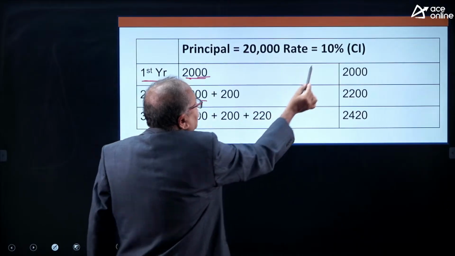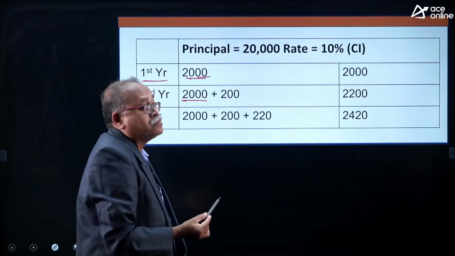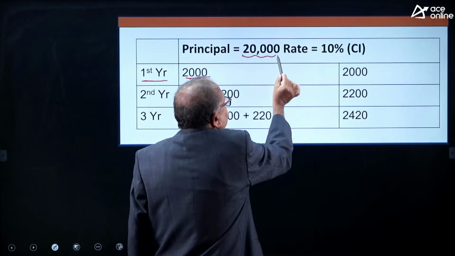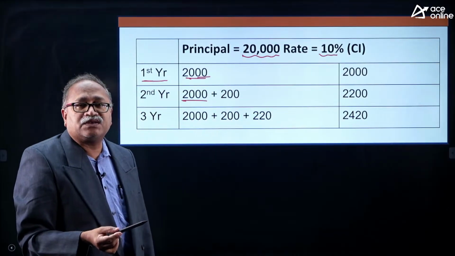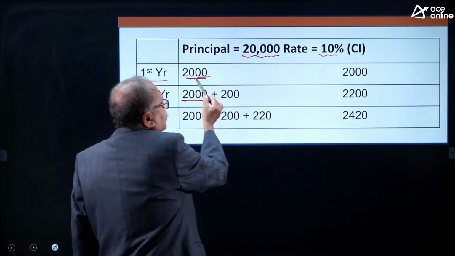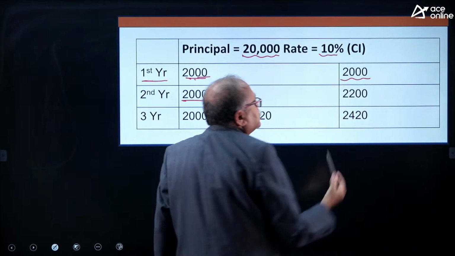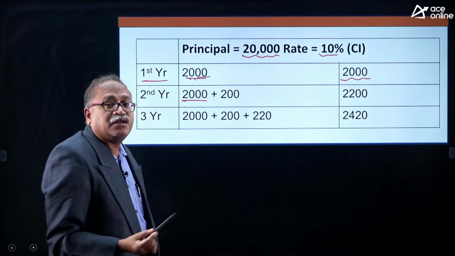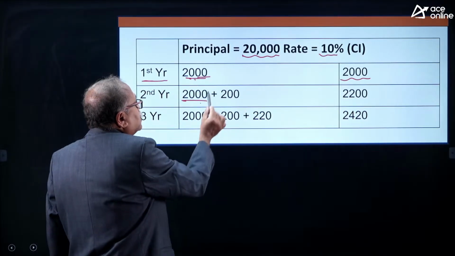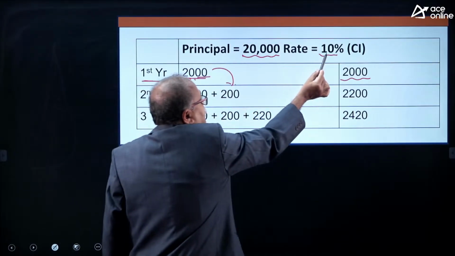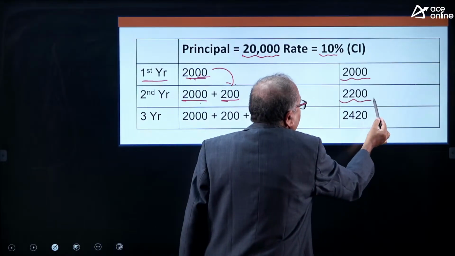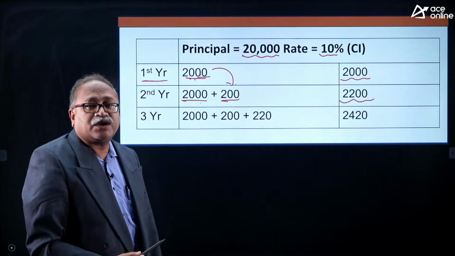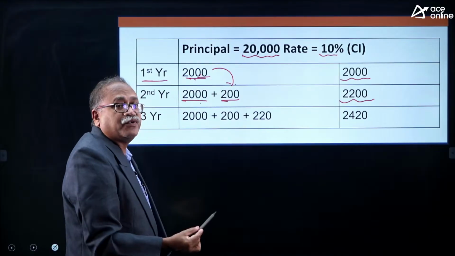The 2000 at the rate of 10% per annum. Now, the principal is 2000 and the rate of interest is 10%. What will be the interest for first year? That is 200. So the first year interest is 200 and the second year interest is this 200 plus 10% of the same 200, that is another 20 added over here, 220. What will happen for third year?